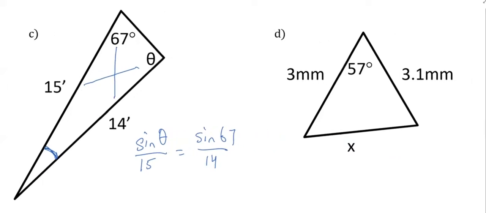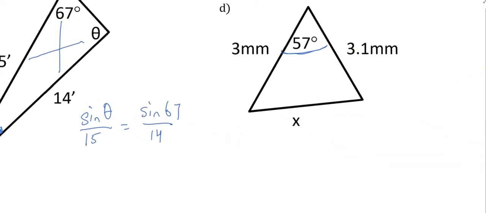And so the last one, by process of elimination, you might already have guessed what it's going to be, but we should be able to recognize it. What's this last one? Ellie? How come? Because it's two sides and the contained angle. Yeah, two sides and the contained angle, the angle between them. Very good.